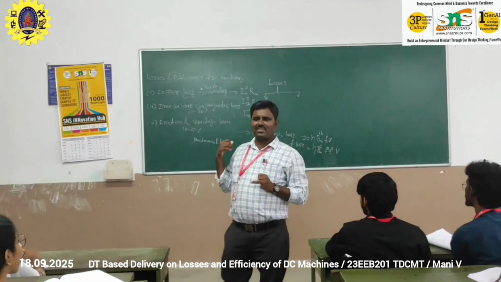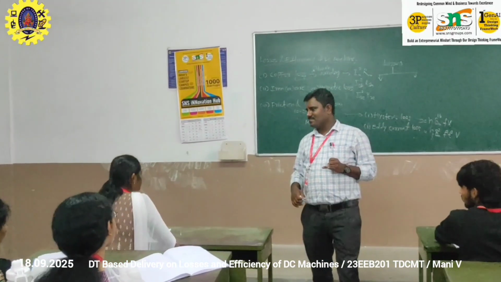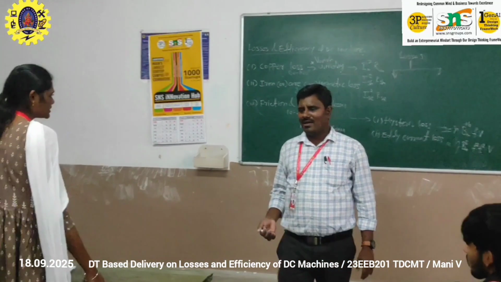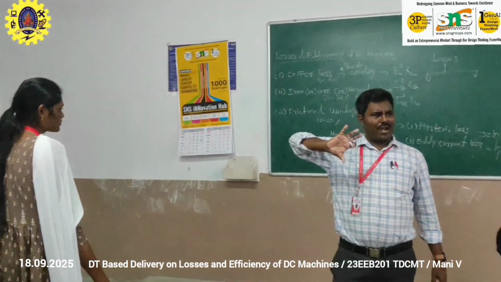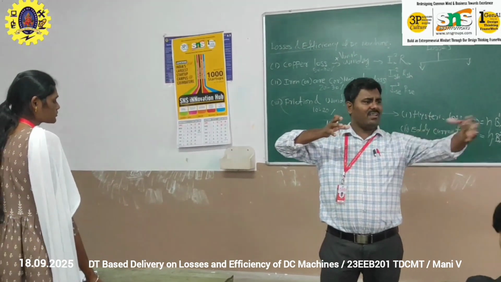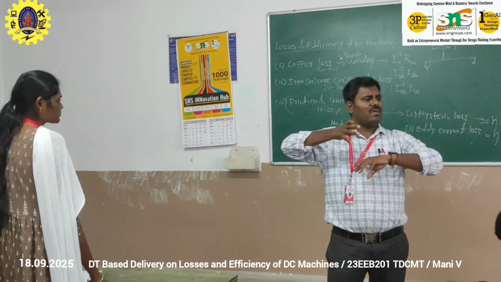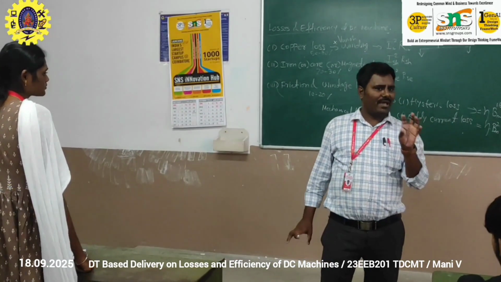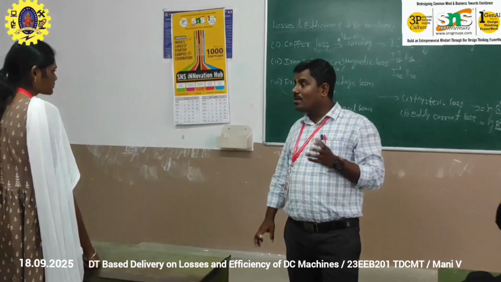So what are friction and windage losses? Windage is the loss against the wind. If the motor is rotating in a particular direction, there will be some wind velocity in the opposite direction. The wind velocity opposes the movement, so there will be some amount of loss. That is called windage. And what about friction loss?